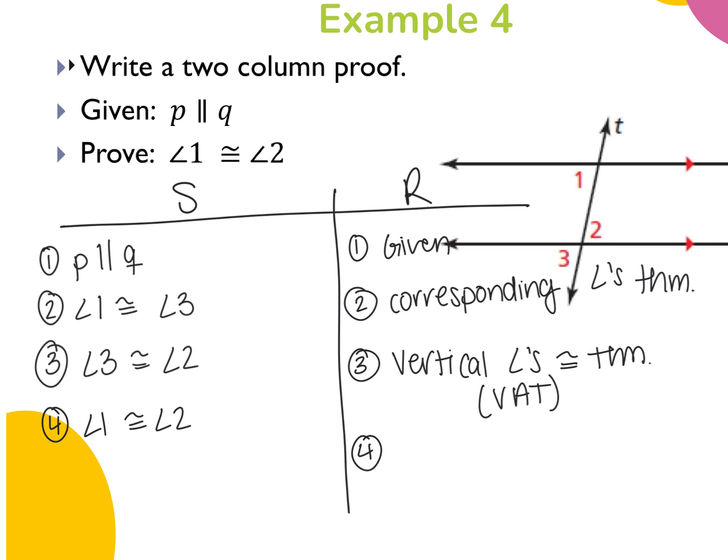Yeah, I could do substitution. So if I were to use alternate interior angles theorem, I could have just gone from given to that, but it's not always going to be that easy. So yes, I'm going to look at what I have before, and I'm going to do substitution, or some people like transitive, but to be on the safe side, I would just use substitution. Again, you cannot always use transitive. Okay, so I would use substitution.